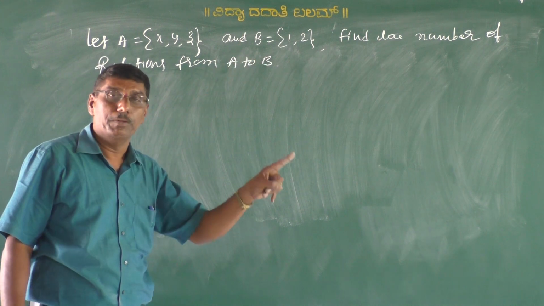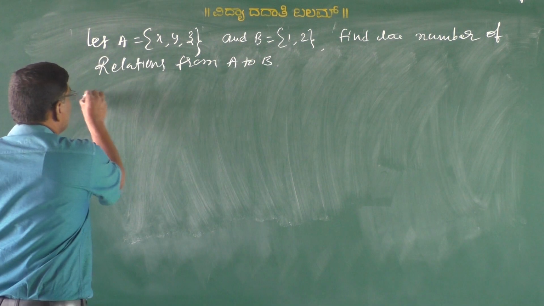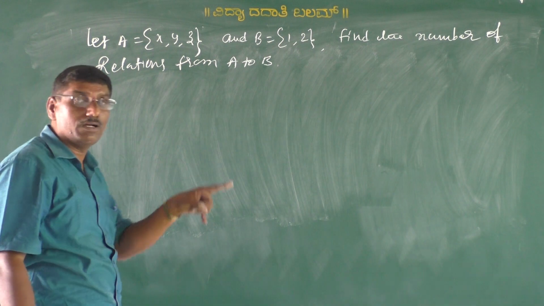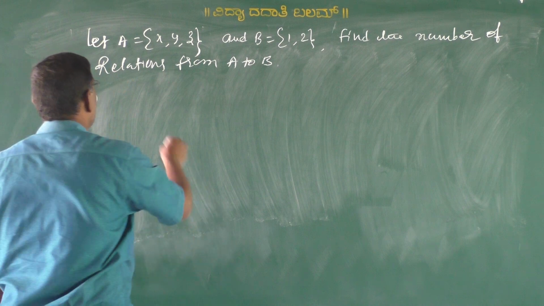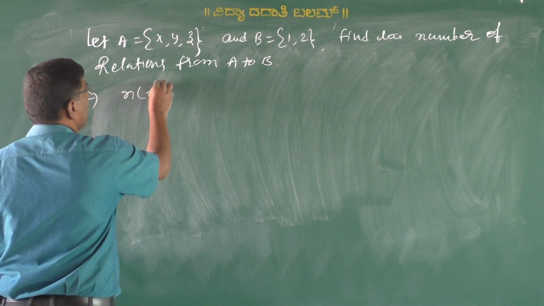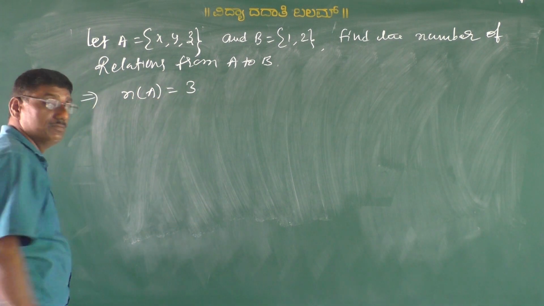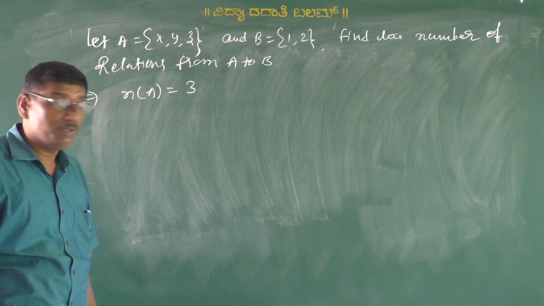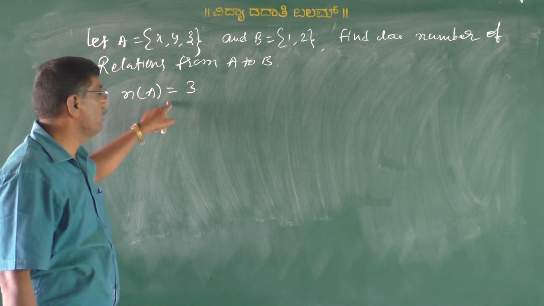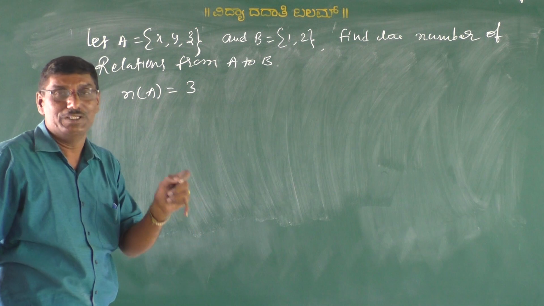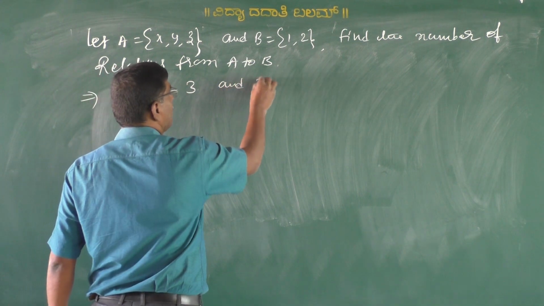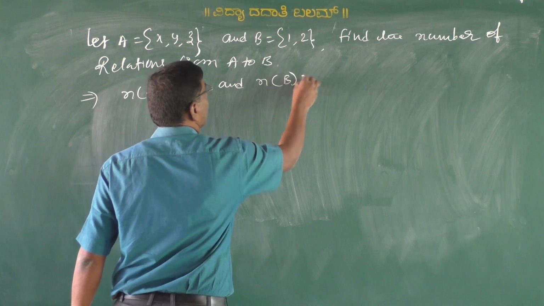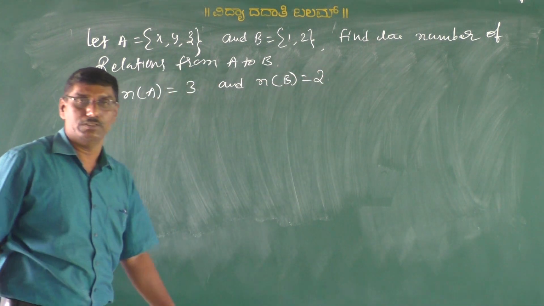That means number of elements of A and number of elements of B. Here n of A is equal to 3 elements, that means the cardinal number of set A. And number of elements of B, n of B is equal to how many elements? 2 elements.